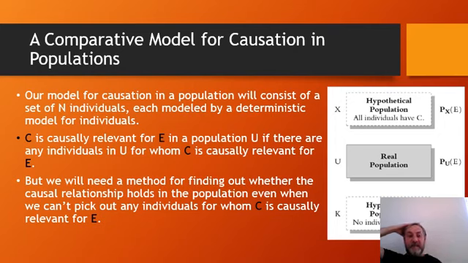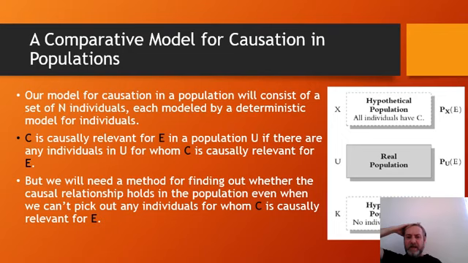So say you've got a set of n individuals in a population, and let's start with a deterministic model. So we've got a set of, say, 100 deterministic individuals. We'll then say that C is causally relevant for E in a population U, where U is the name of the population, if there are any individuals in U for whom C is causally relevant for E.